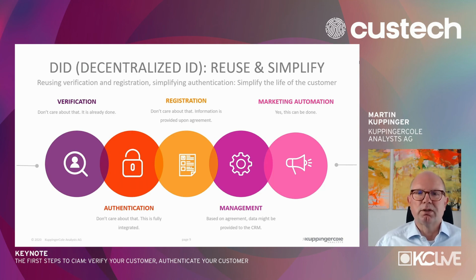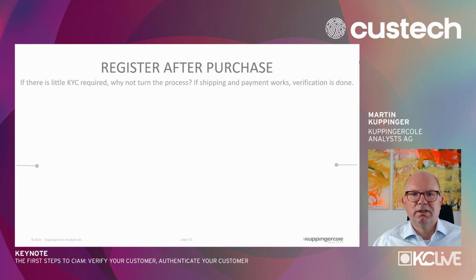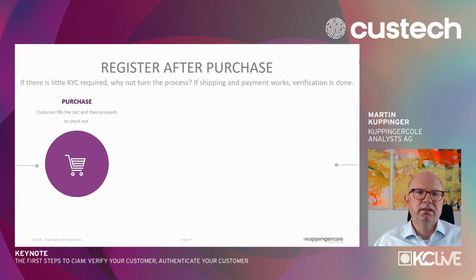So when we talk about drop-off rates, when we talk about churn rates, then we are clearly in a better situation. And when we talk about registration, if little KYC is required, if there's not a regulatory requirement to do a verification, we also can go, if you're not yet on decentralized identity, with: let's fill the people's cart.